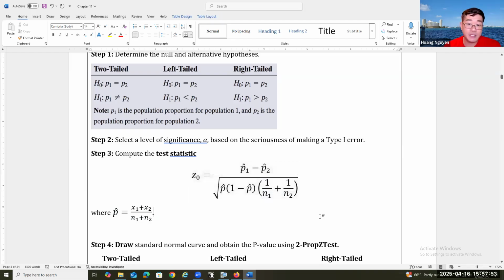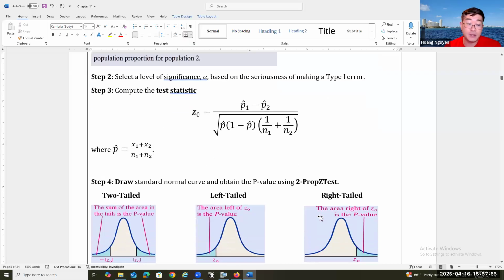So after we're done with step number 3, now we're going to calculate the p-value, right? So step number 4, you're going to draw the standard normal curve and obtain the p-value using the 2-proportion z-test. We're going to use this shortcut from the calculator to help with the calculation of the p-value. So the p-value equals the answer from this 2-proportion z-test.